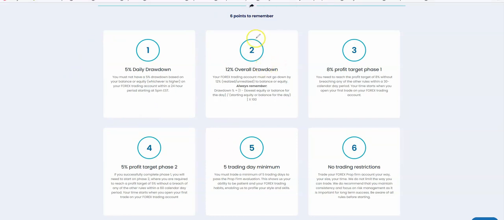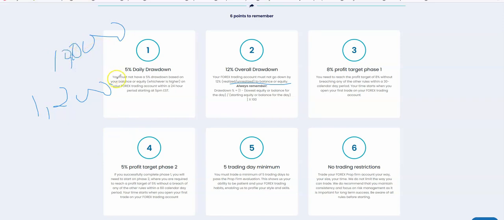Then the next one is this. 12% overall drawdown. Now, this 12% overall drawdown is the same thing on equity. If your equity ends up losing 12% of it, you are out. That means, for instance, 1,200 on a $10,000 account.